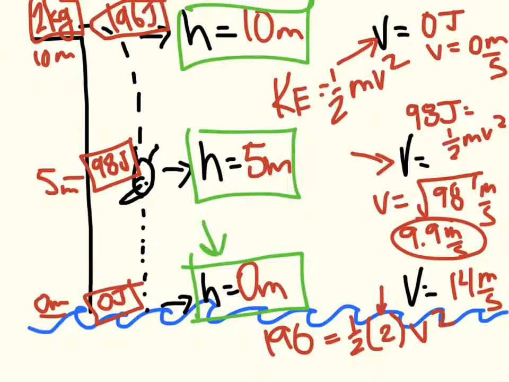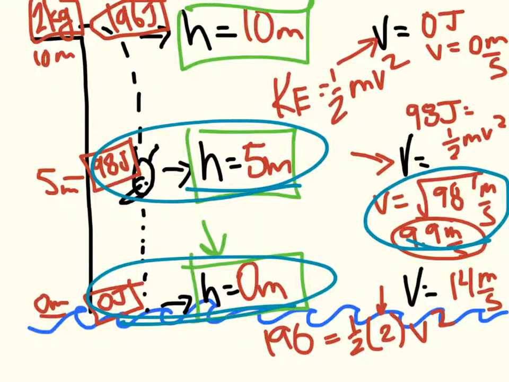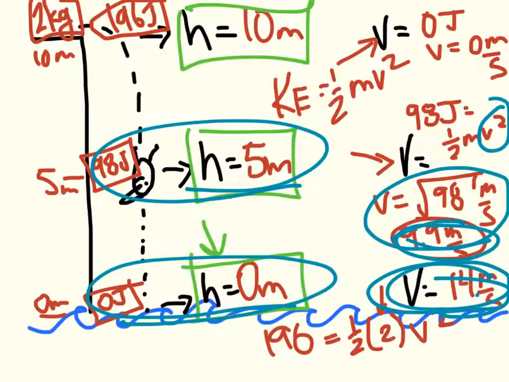Notice how, this is key, halfway his speed was 9.9, and then at the bottom, all the way, his speed was 14. This is not double this. And that comes into play because this velocity is squared in the formula for kinetic energy.